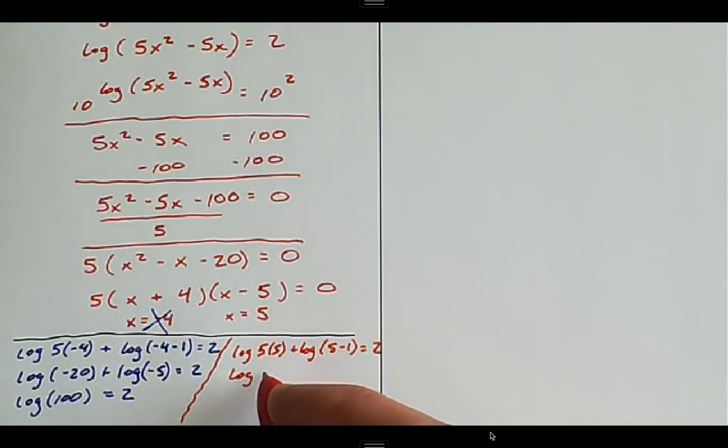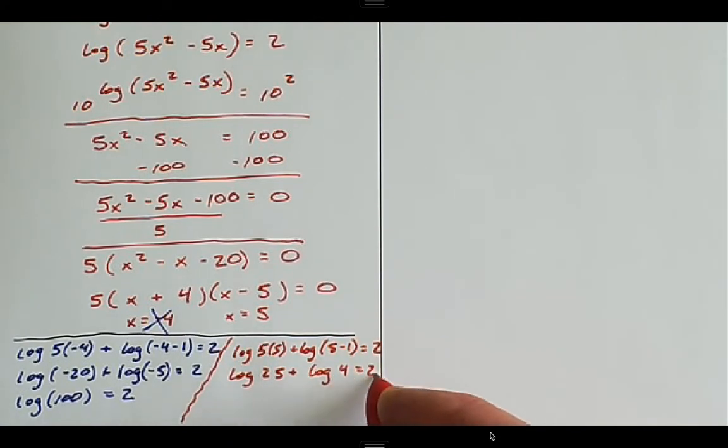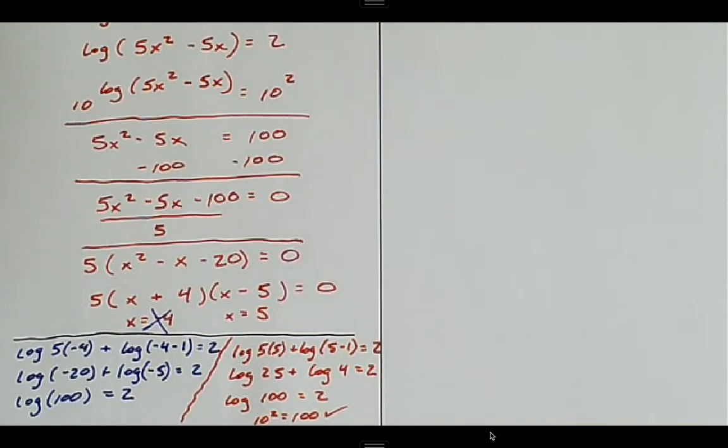So we get the log of 25 plus the log of 4. And then we get the log of 100 is equal to 2. So 10 squared is equal to 100, and so we're all set there. The issue for the other one comes up with our two functions here. We have the log of a negative value.